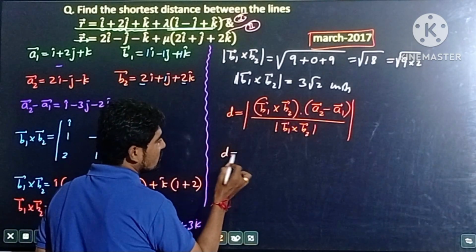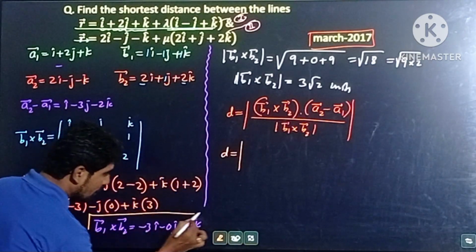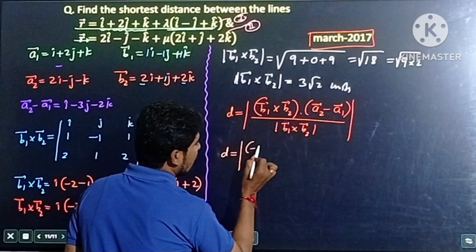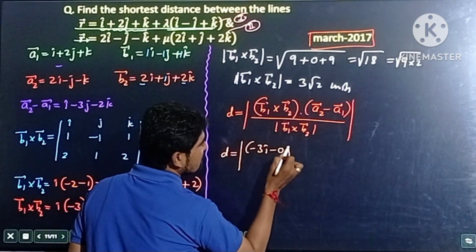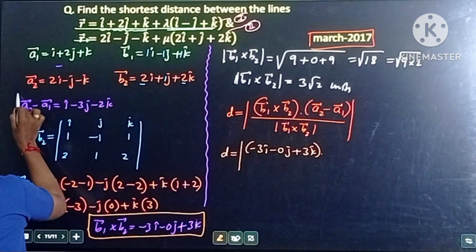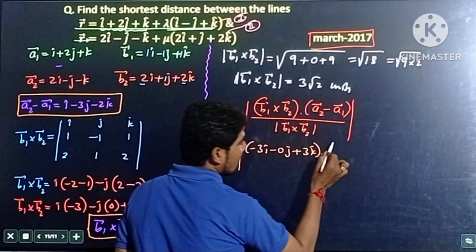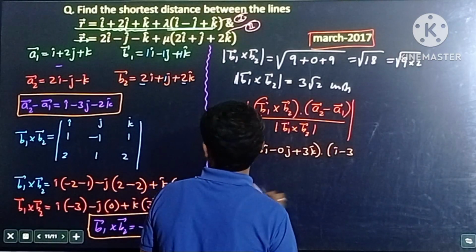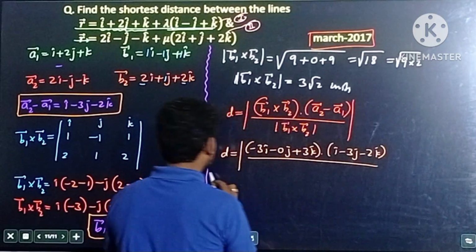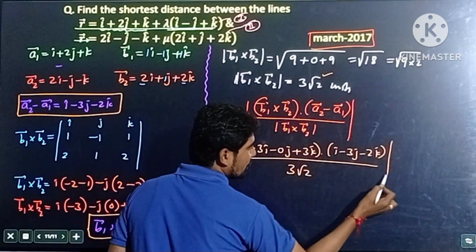So d is equal to the modulus of b1 vector cross b2 vector, which is minus 3i minus 0j plus 3k, dot a2 vector minus a1 vector, which is i minus 3j minus 2k, divided by the magnitude of b1 vector cross b2 vector, which is 3 root 2.